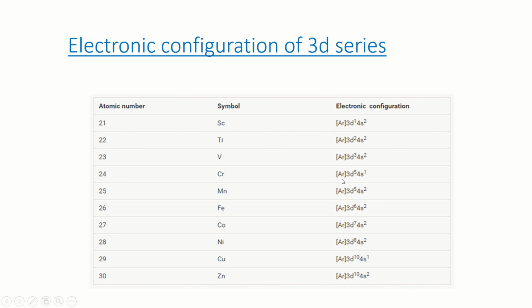Now in chromium the configuration is 3d5 4s1, and for copper 3d10 4s1. The half-filled and completely filled d orbitals give extra stability.